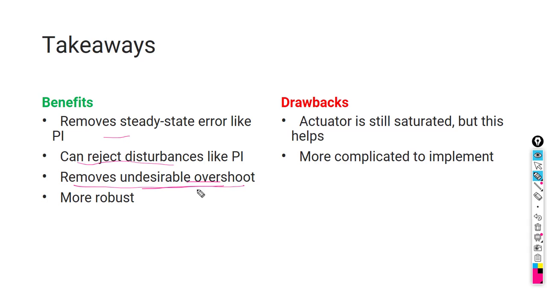In case of saturation, you have undesirable overshoot, as you saw in many examples, like the water tank example. So it becomes a more robust system. However, you have the drawback that you're still saturating, but this helps. Remember, the saturation is not too much, but still saturated. And you have a little bit more complexity to implement the system. Those are mainly the drawbacks.